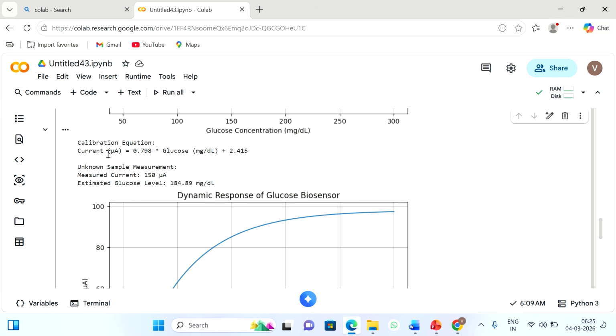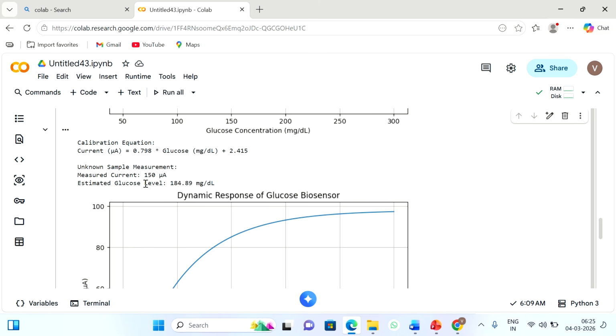The calibration equation: current in microampere is equal to 0.798 into glucose in mg per dl plus 2.415.